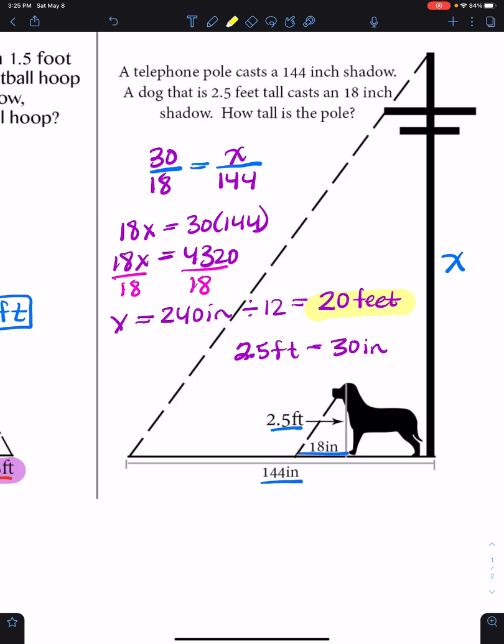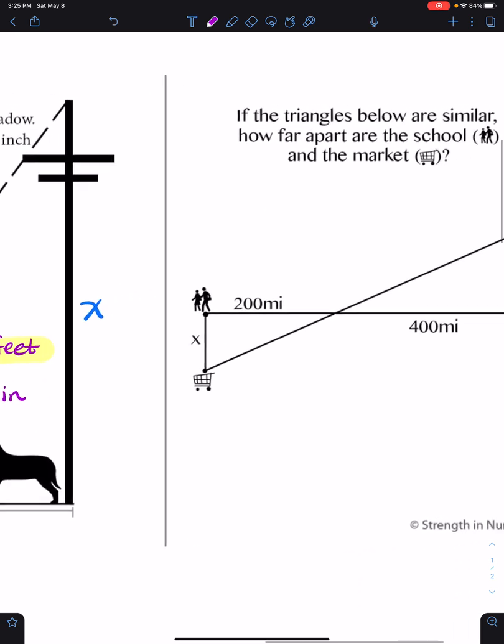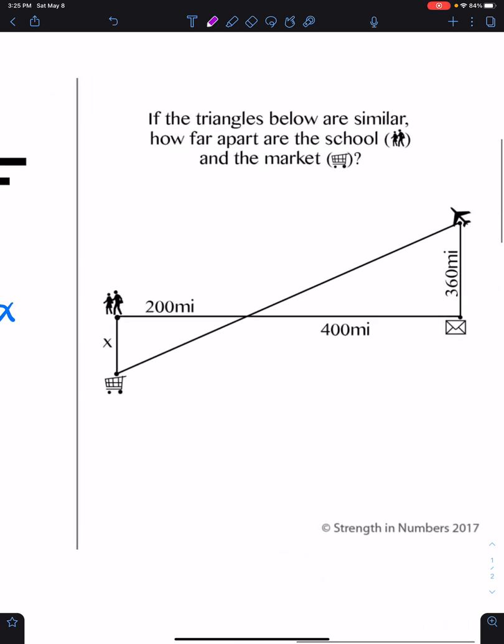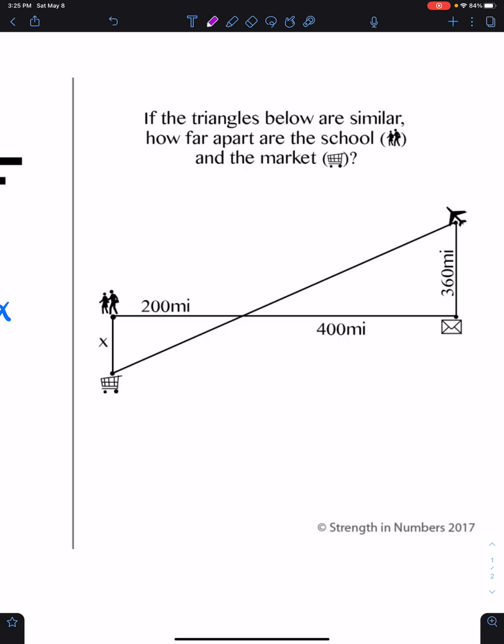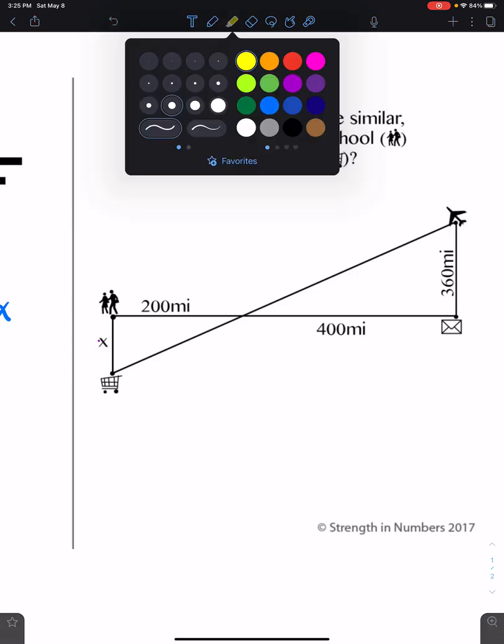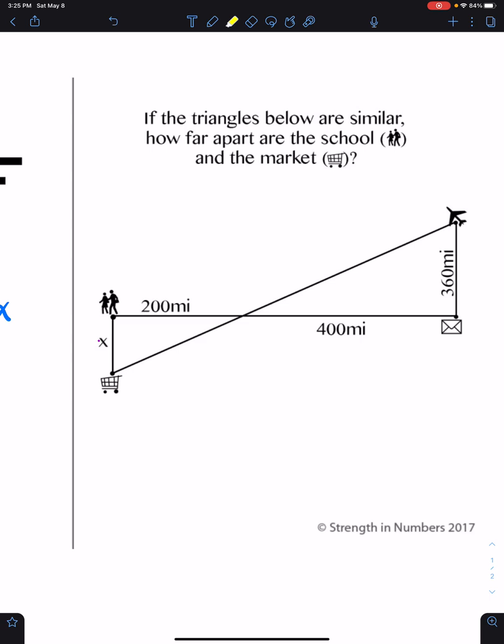All right, and the last example on our notes has this little map drawn out for us with two triangles. It says that these triangles are similar triangles. We want to know how far apart is the school and the market. So let's make a smaller highlighter here. Okay, we've got right angles here.